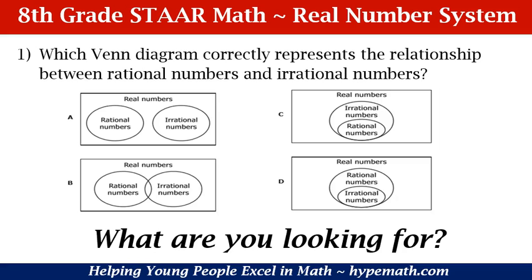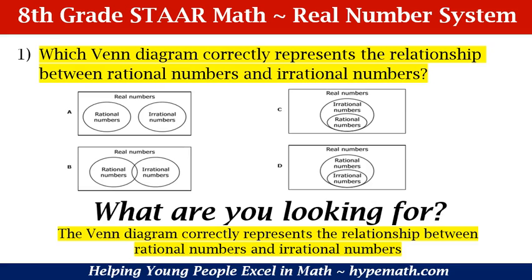The first question we must ask ourselves is, what are we looking for? Very important first question you need to ask in order to make sure you answer the problem correctly. We are looking for the Venn diagram that correctly represents the relationship between rational numbers and irrational numbers.